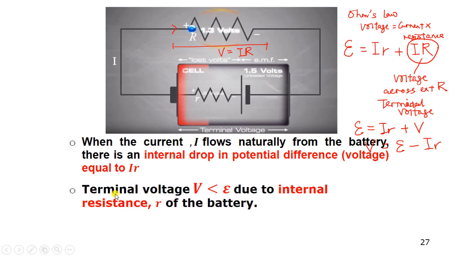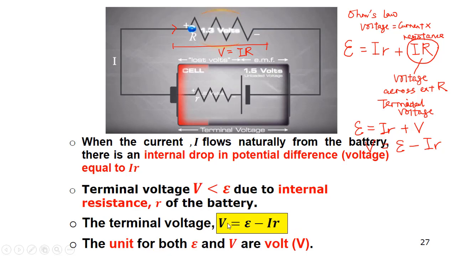So, kita dapati the terminal voltage V will always be less than EMF. Why? Because of the internal resistance. Some is given to the internal resistance. Okay? So, the terminal voltage V will be the EMF minus the voltage drop across the internal resistance.